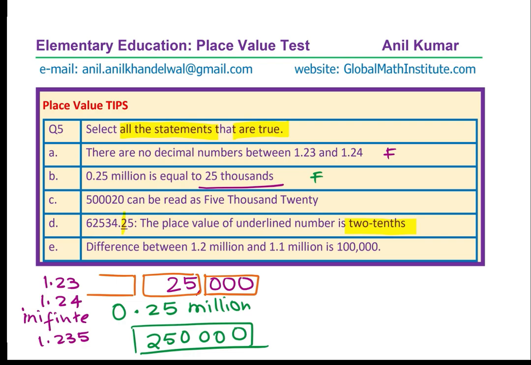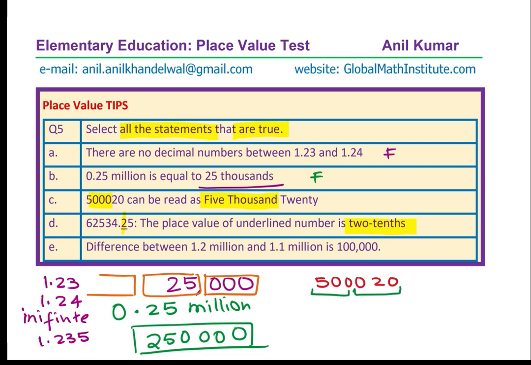Next statement. 5,000,20 can be read as 5,020. Some of you might think 5,020 is correct, but it is wrong. Look at it once again. The number given to you is 5, and then we have 3 zeros, and then 20, right? So if you check the periods, these are hundreds, and this is thousands.